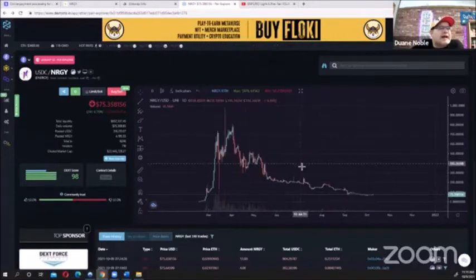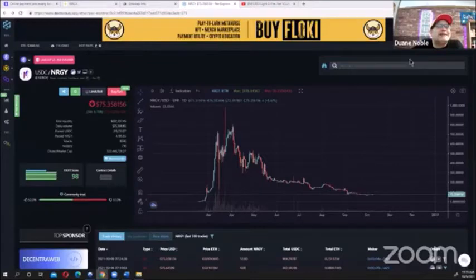Guys, if you look at NRGY, I've got to get my annotating tool out today. I love to annotate whenever I'm drawing on the charts. Let's see here. I'm trying to find the annotate button. Let's see if I can find it. Enable annotation.